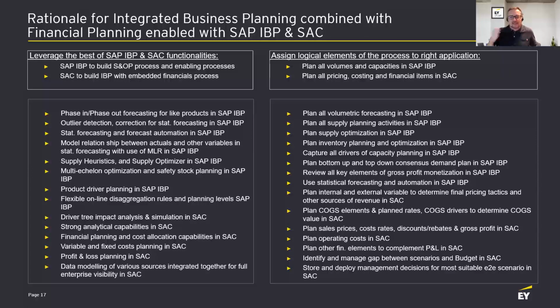But there is a second side of this thinking as well, presented on the right-hand side. You can think of it on a high level as assigning the process elements logically to where they belong. SAP IBP is not for financial planning, and SAC is not for planning your supply chain, because it is pretty complex to plan your supply chain.